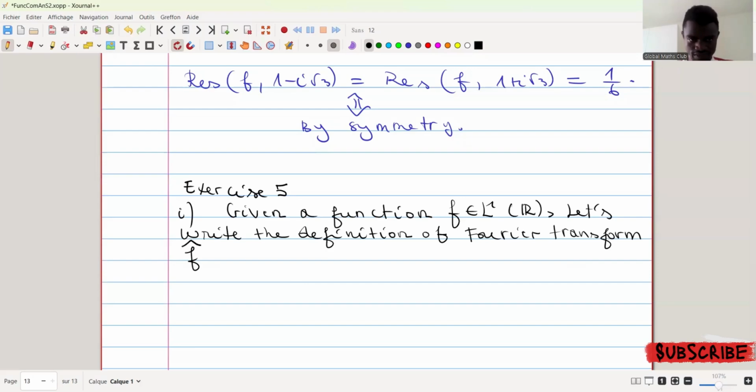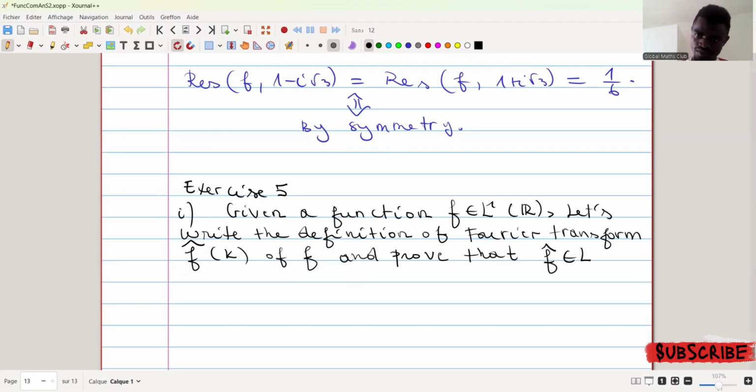This one is the Fourier transform of f, and prove that the Fourier transform is in L infinity, sorry.